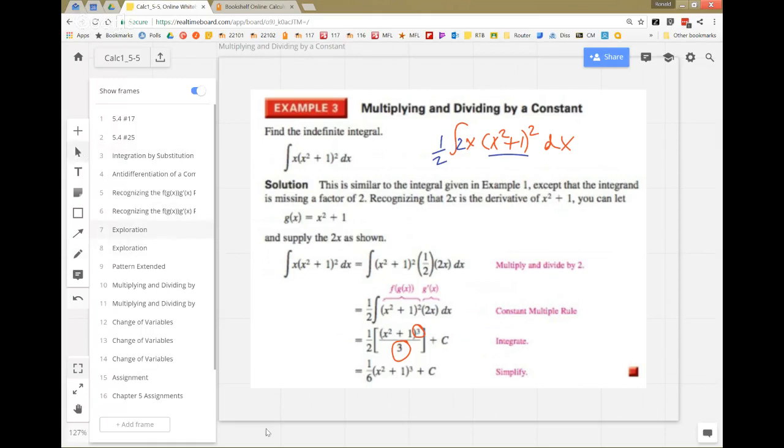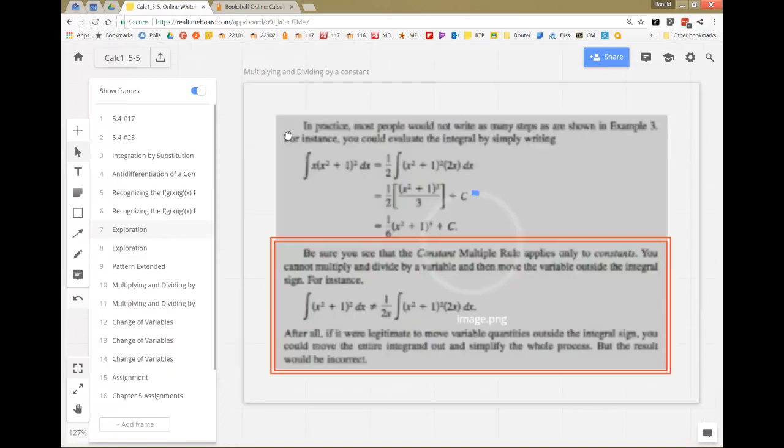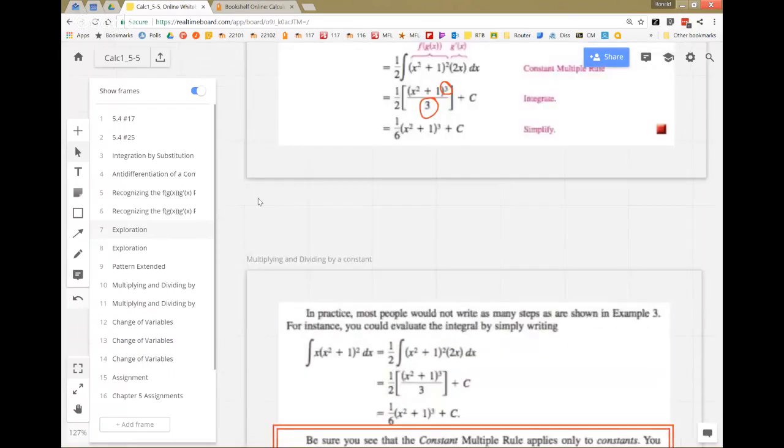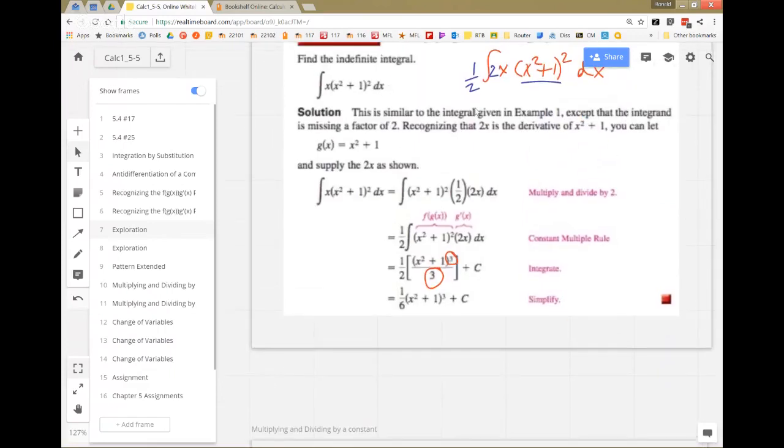All right. This is just a friendly reminder that what I just did is perfectly legal, but don't ever do it with a variable. Let me explain. Remember, what did I pull out? I pulled out a constant, 1/2, and I put a constant in, 2. Let's say you need an x squared and you don't have an x.